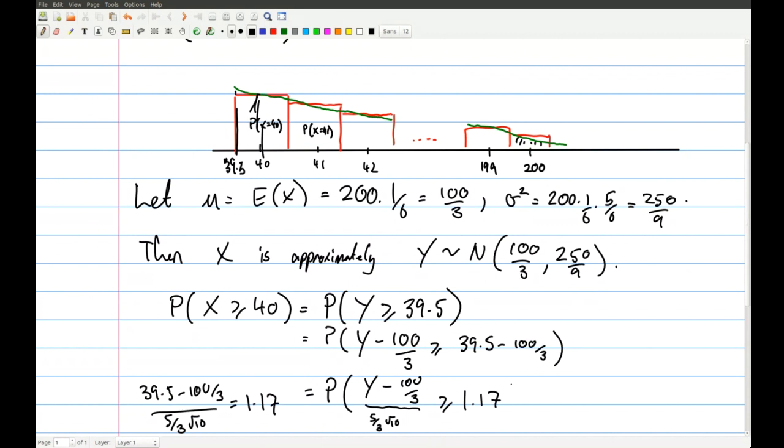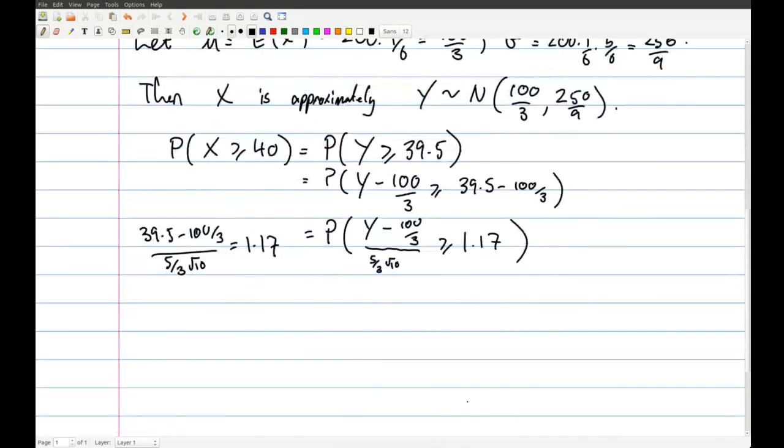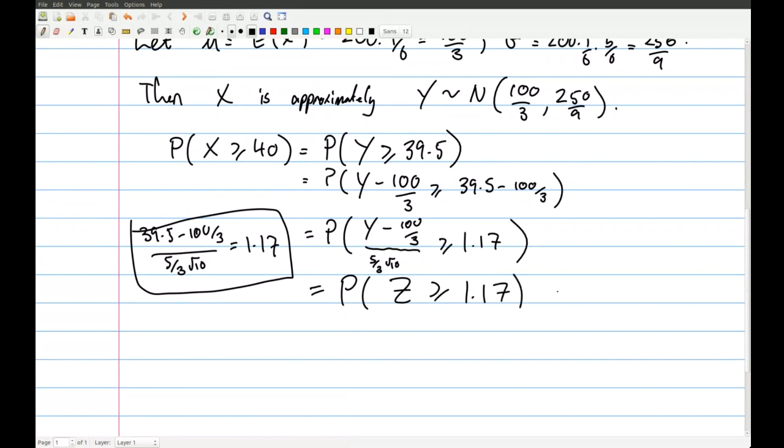Yay, 1.17. Thank you. Now, the good news is, here's my little calculation. This is equal to the probability that Z is greater than or equal to 1.17, where Z is the normal distribution, expected value 0, variance 1, because we made it have expected value 0 with this transformation, and we divided by that to make it have variance 1.